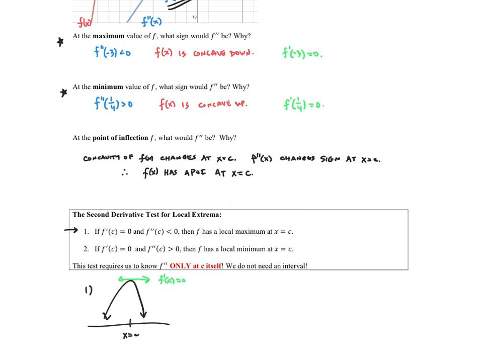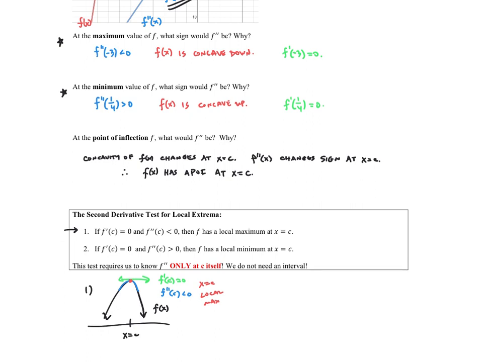Okay, and you can tell by the concavity, of course this is the graph of f of x. You can tell by the concavity, just by the shape at that point, right, that f double prime at c would be less than 0. Okay, therefore, at x equals c, there'd be a local max.